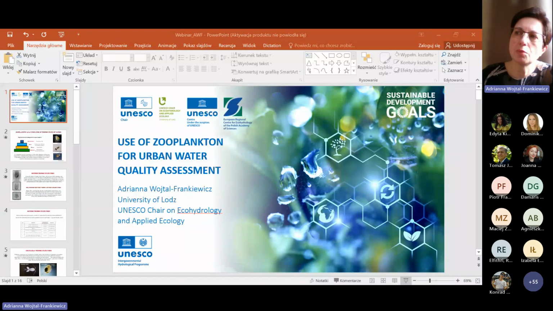This is because the zooplankton community structure is determined primarily by the physical and chemical environment and is modified by biological interactions.